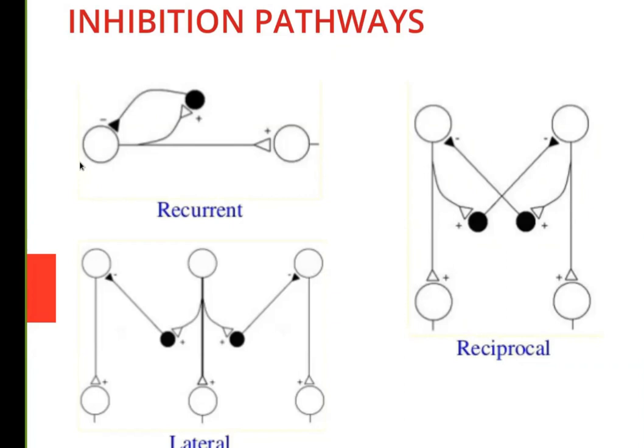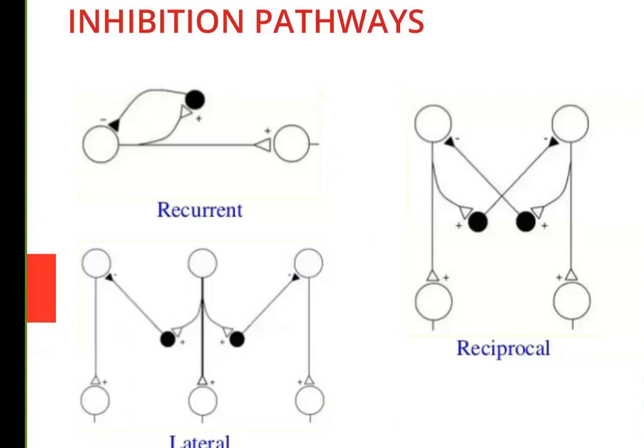This mechanism is highly important for regulation of the intensity of activity. All our skeletal muscles, for example, have recurrent inhibition, and this may be helpful for decreasing the time of muscle contraction. Our muscles don't contract during a long period of time.